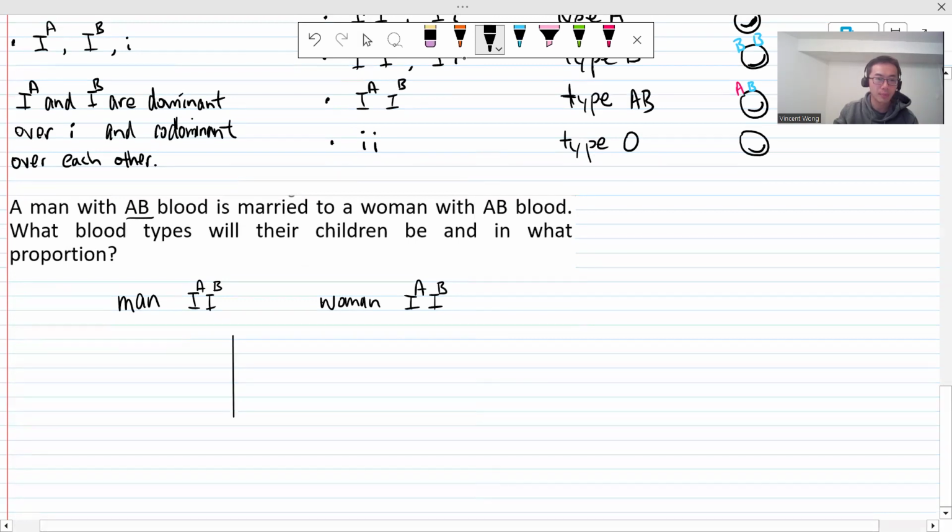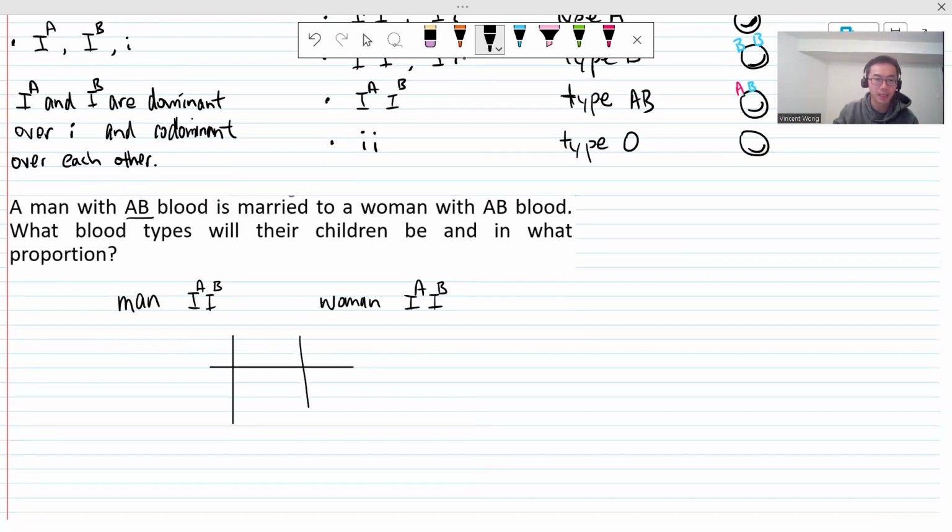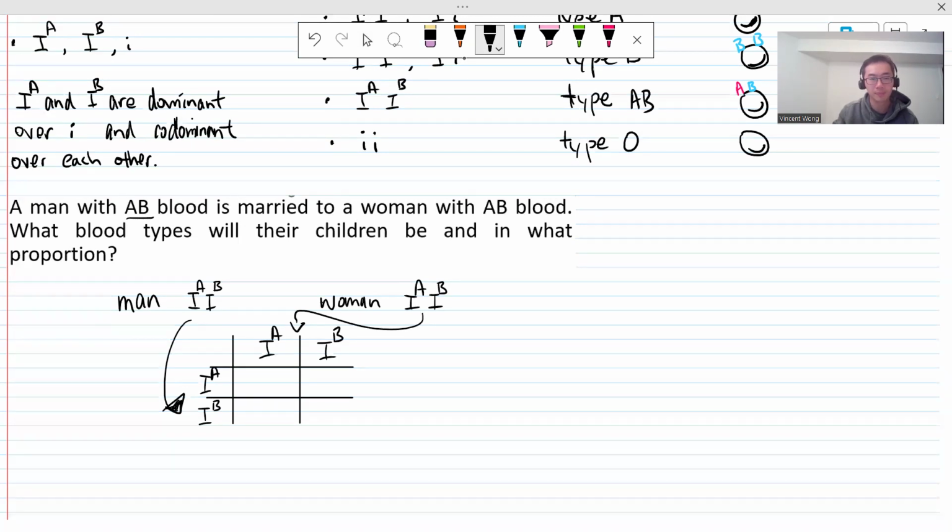And I hope you remember the Punnett square from last semester. So if the man is IA IB, half the sperm will carry the IA, the other half will carry the IB. Same thing for the woman. Half the eggs will carry IA, the other half will carry IB.